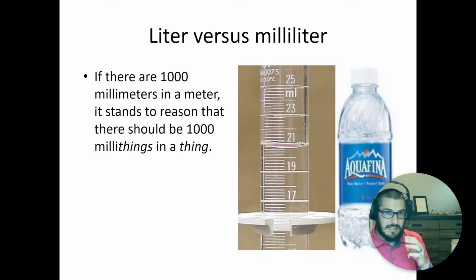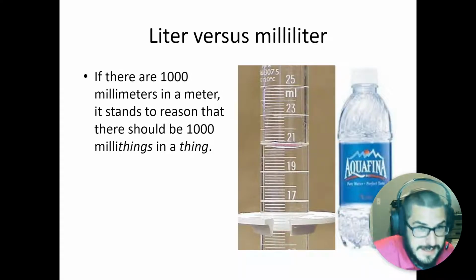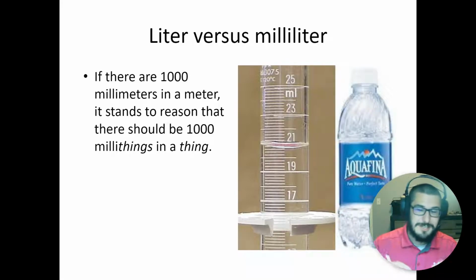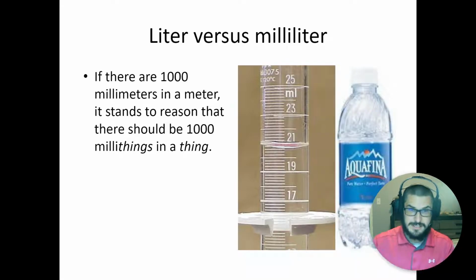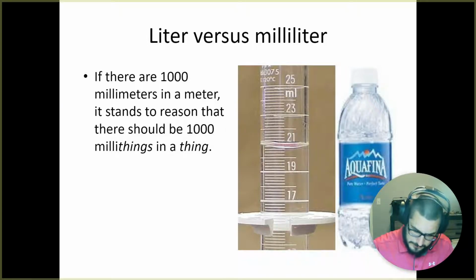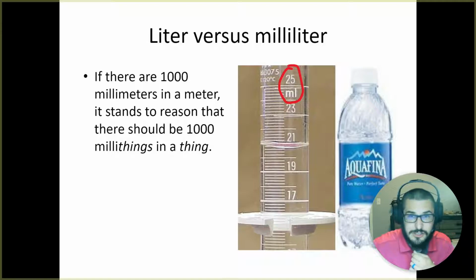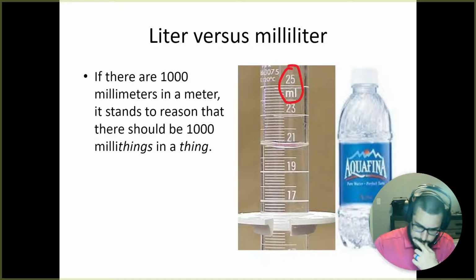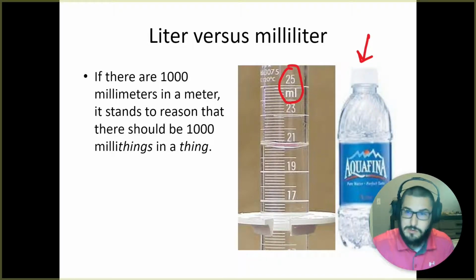Okay? So then here, if there are 1,000 millimeters in a meter, then it stands to reason that you can have 1,000 milli anything inside of a thing. So for example, you're looking at a graduated cylinder. You should be familiar with this. You should have worked with it before. This is measured in milliliters, ml, and you see that something a little bit larger, like this Aquafina water bottle, you can get in liter sizes. So 1 liter of this Aquafina water is larger.